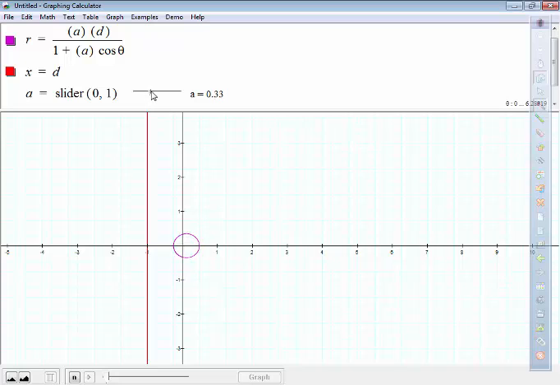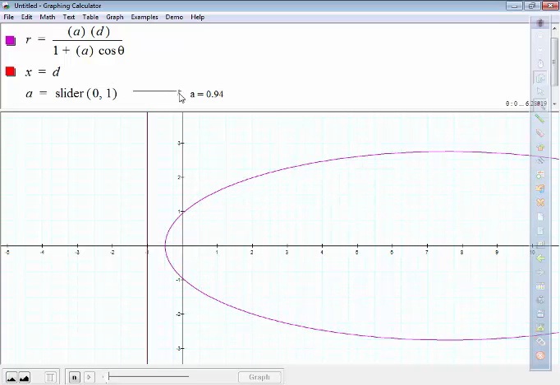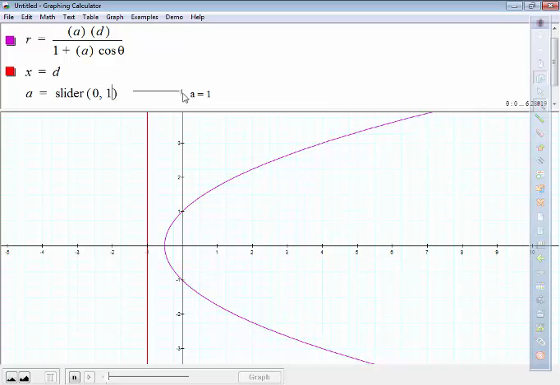And as we get that larger and larger, your eccentricity kind of stretches the ellipse. So what do you think will happen if we go to 1? Remember, the eccentricity is 1. What's going to happen? It'll turn into a parabola. So as this thing gets larger and larger, it'll eventually open up and become a parabola.